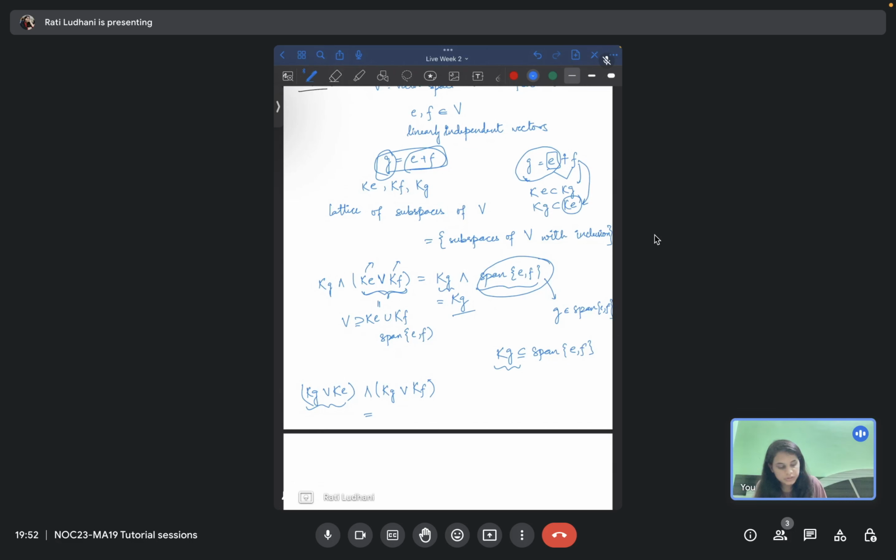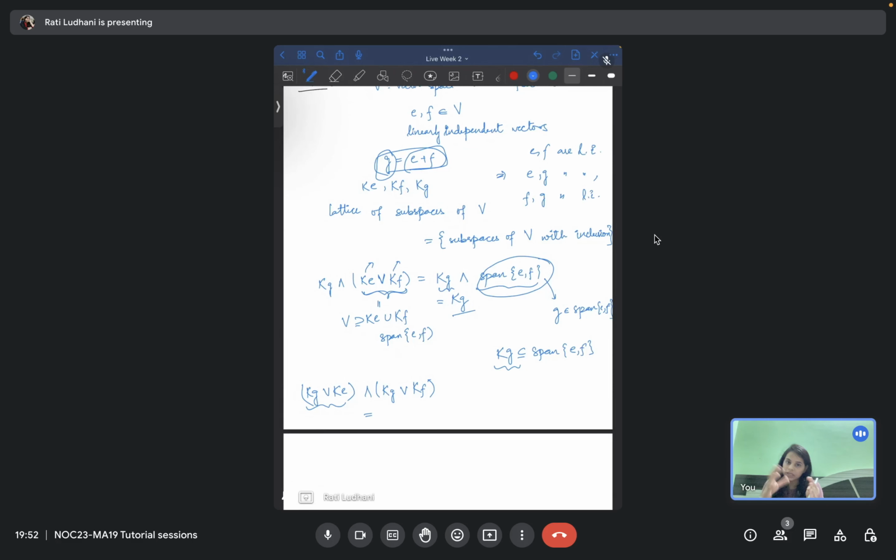So if E and F are linearly independent, then E and G have to be linearly independent, or F and G.